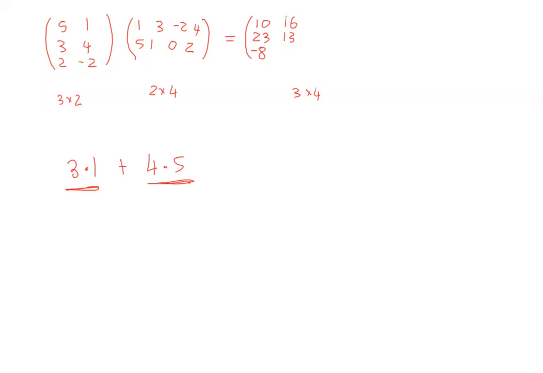So 3 times 2 is 6, minus 2 times 1 is 4. And then let me do first row, third column. 5 times -2 is -10, 1 times 0 is 0. So that's -10. Then let's do second row, third column. That's 3 times -2, that's -6. I don't have to worry about the other product because the third column has a 0. And finally, 2 times -2, that's -4.